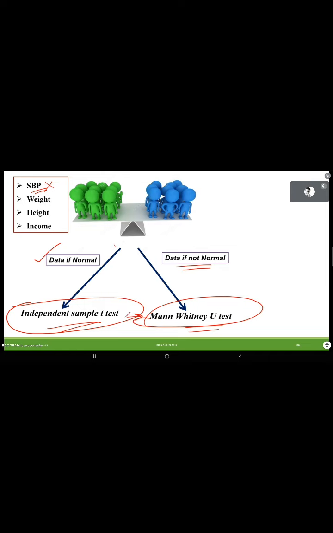These two are used for the same situation, but differ when the assumption is violated. Now we know how to check the normality. If data violates the assumption, you are not supposed to use the independent sample t-test; you use the Mann-Whitney test. Understood? So then Kruskal-Wallis?